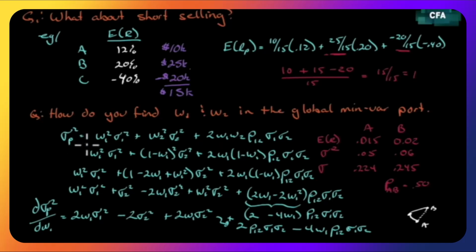Here's how we find the variance of the portfolio. There's our first term variance, our second term variance, plus the covariance term in a 2-asset portfolio. If we express the second weighting as a function of the first weighting: if the first weighting is W1, the second weighting must be 1 minus W1. So let's replace W2 by 1 minus W1 in both places, and let's expand out. 1 minus W1 squared is this whole term.